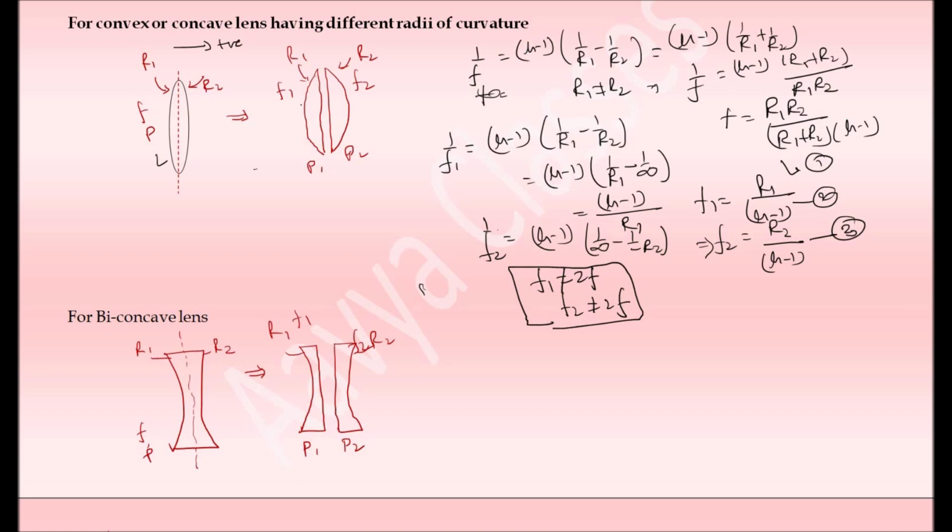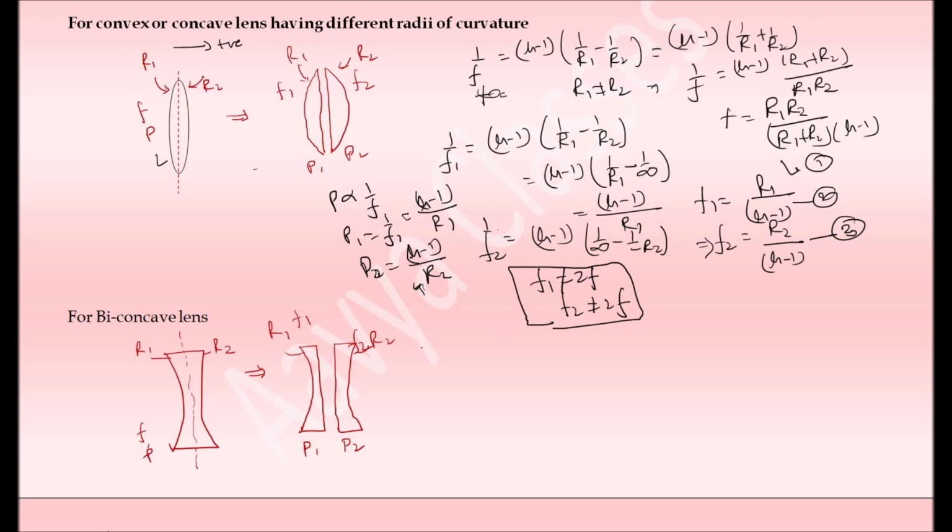Now in order to calculate the power, power is inversely proportional to f, that is, power is 1 by f. So P1 is equal to 1 by f1, that is (mu minus 1) divided by r1, and similarly P2 is equal to (mu minus 1) divided by r2. So clearly this is the case when the convex lens has different radii of curvature.